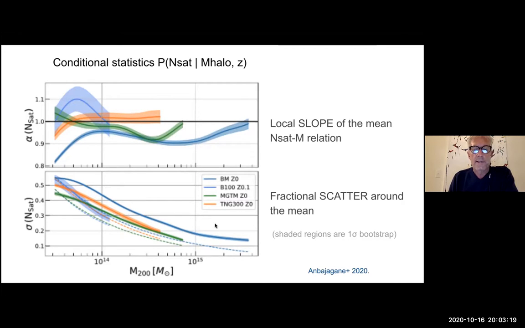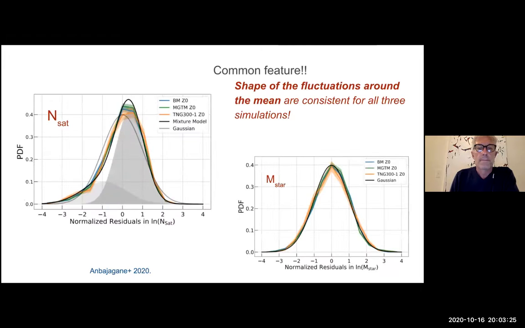Similarly, the case of the scatter has a similar behavior with slight differences across the simulations. But the main thing we emphasized when we published this paper was this common feature, the shape.